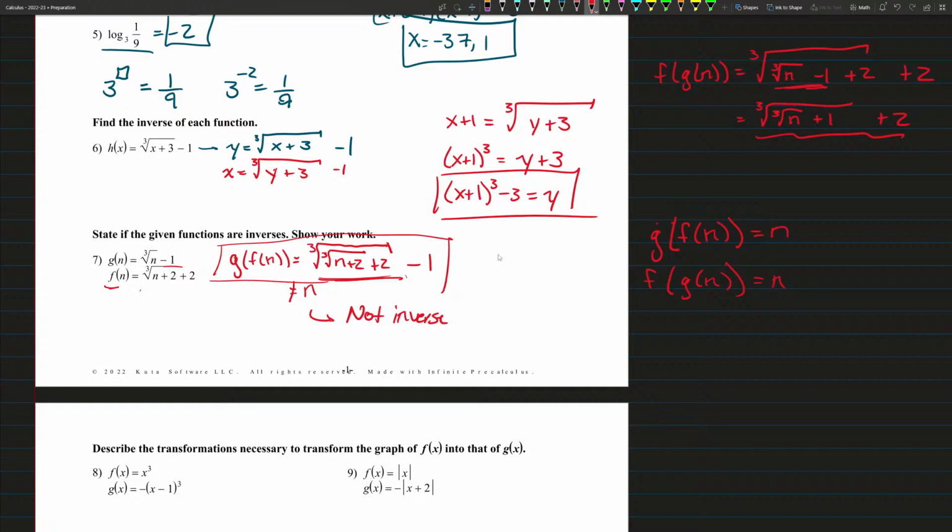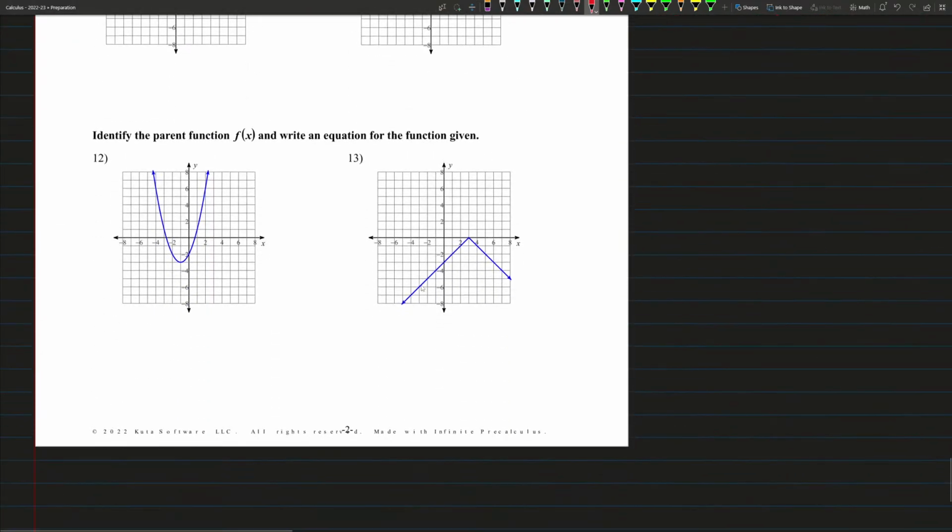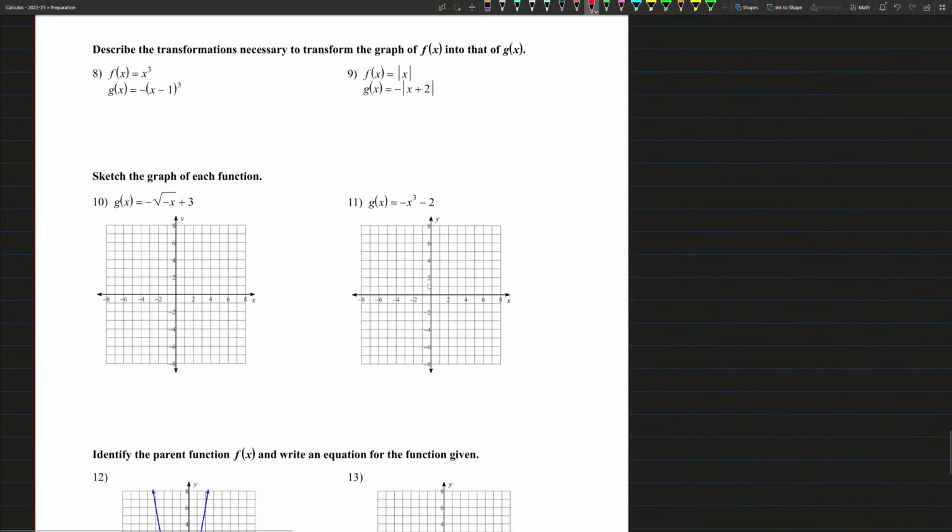Okay, so both ways work. It doesn't matter. But that's how you do it. We're getting to the end, so you've got a couple more problems. I want to write down these rules again, because I think it's been a while since we've seen them.